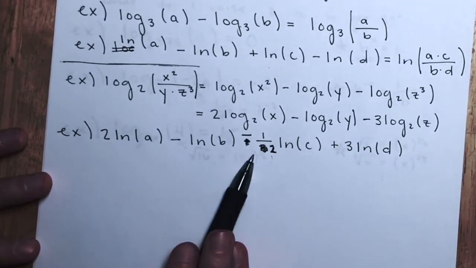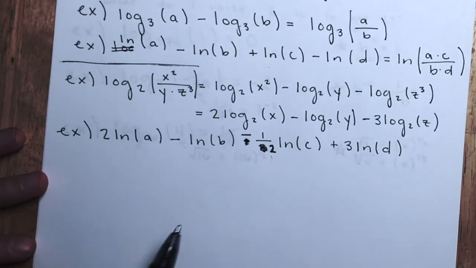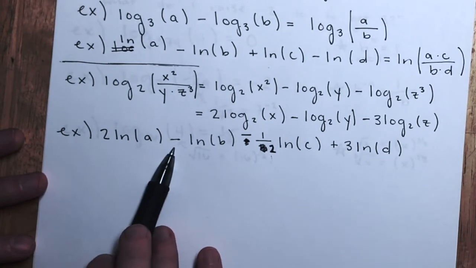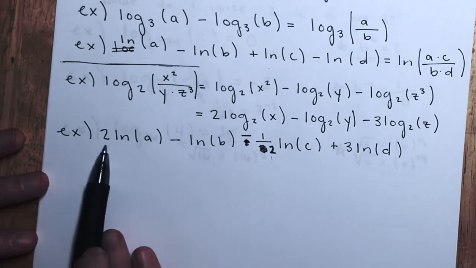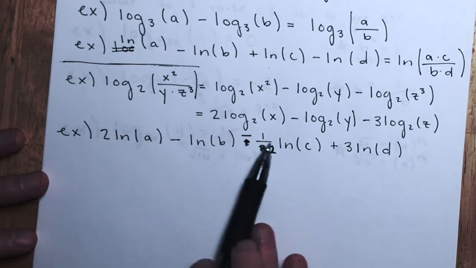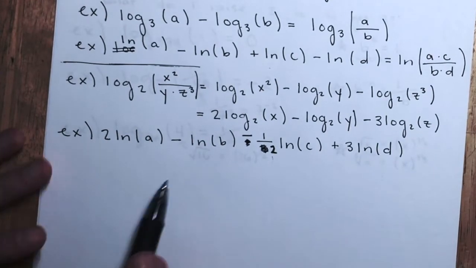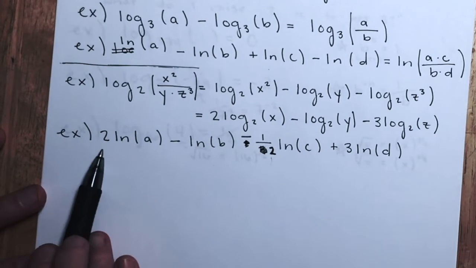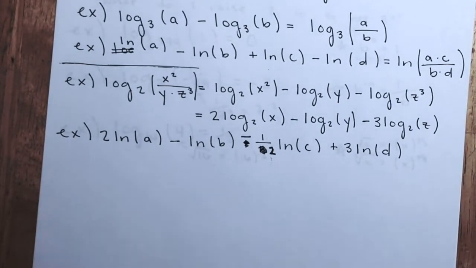Before we can combine using product or quotient rule, we have to make sure that they don't have these coefficients out front. A coefficient of -1 is okay, right? And then we can use quotient rule, but if we have a coefficient of 3 or 2 or 1/2 or whatever, that's not okay.